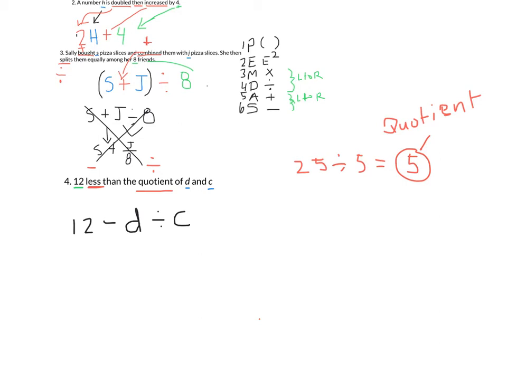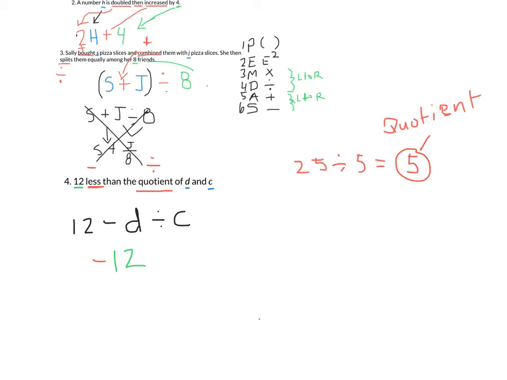Okay? So this is not saying to subtract the quotient of D and C from 12. It is saying that you will be subtracting 12 from the quotient of D and C. That is why it's 12 less than. So if you're subtracting 12 from something, you write it as minus 12, because that means that you are subtracting 12.